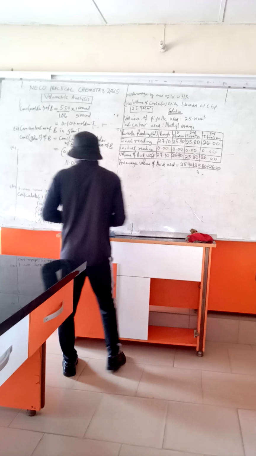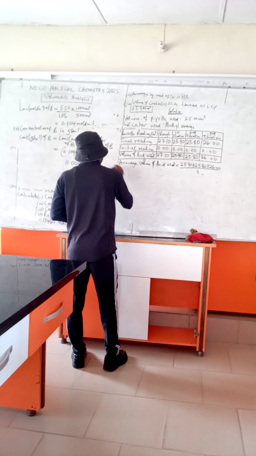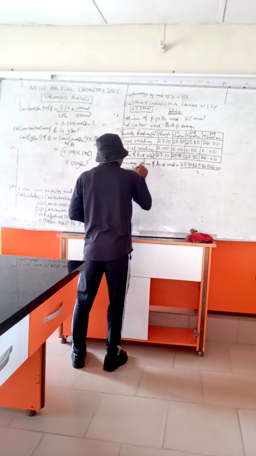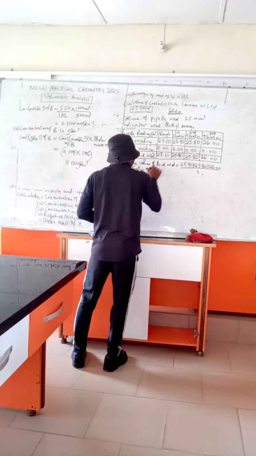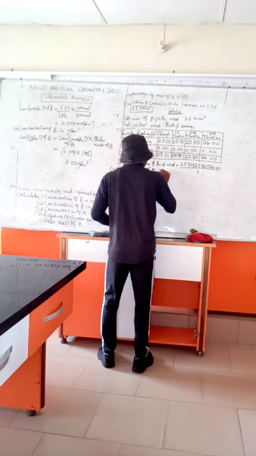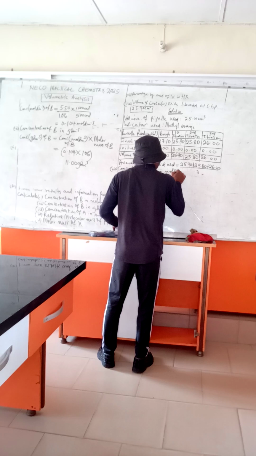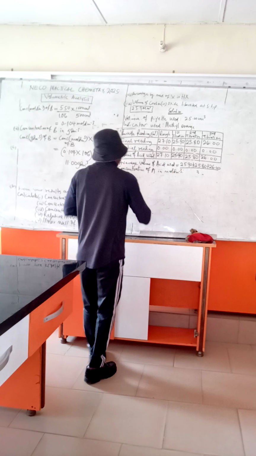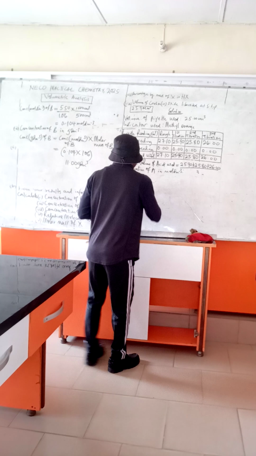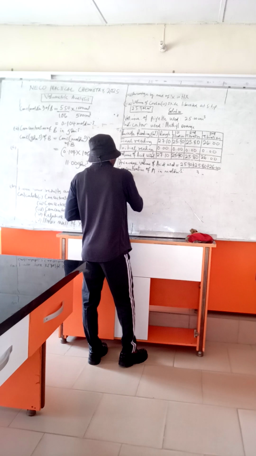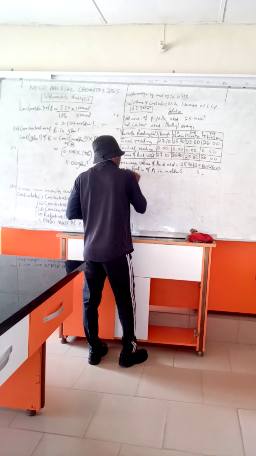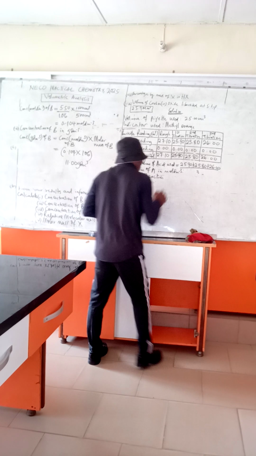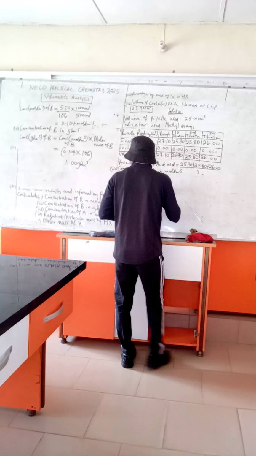Since you have known the concentration of B in mole per dm³, you could use a general formula. The first thing is to get your equation of reaction, since the general formula requires the number of moles of the acid and that of the base.